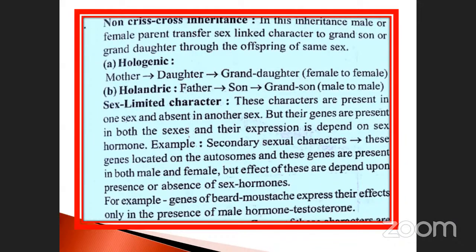The gene acts depending upon the hormones only. For example, genes for beard and mustache express their effect only in the presence of the male hormone testosterone. Beard means hair growth, and these are all secondary sexual characters. Testosterone is responsible.